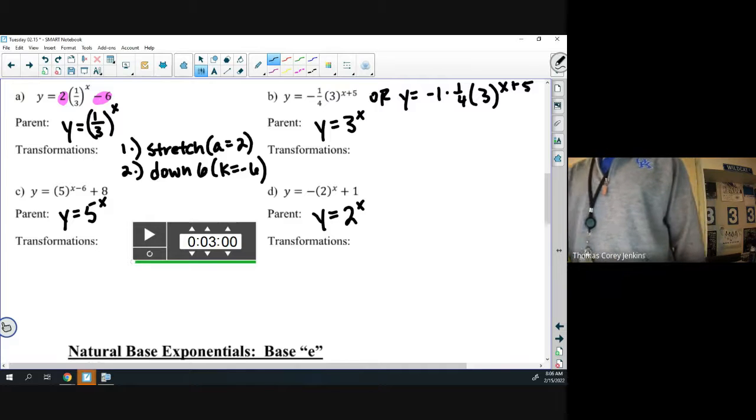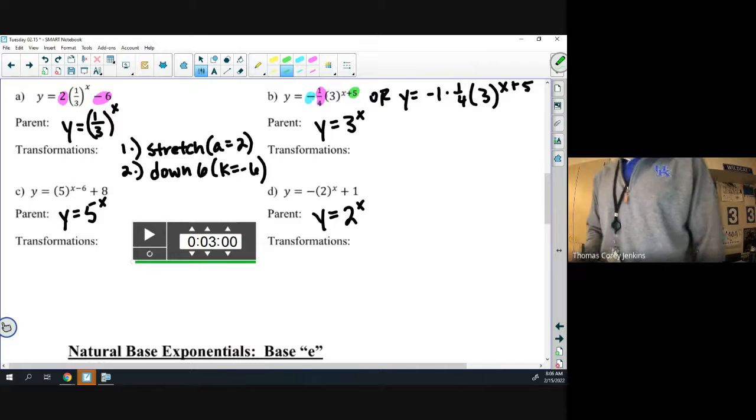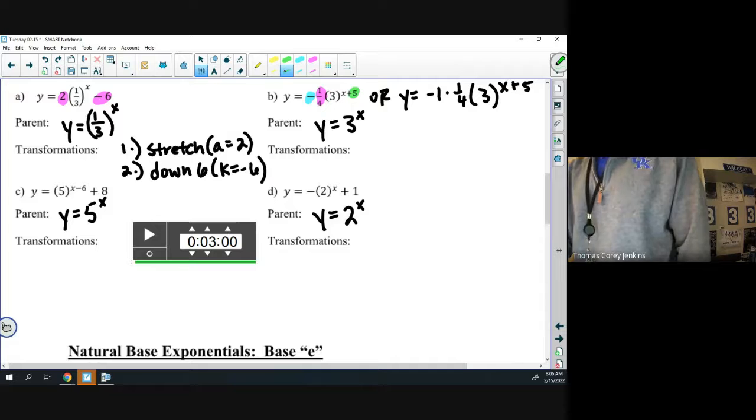So that negative part, we treat as something different. We have that, we have the 1/4, and we have the plus 5. So we're going to talk about 3 things here.